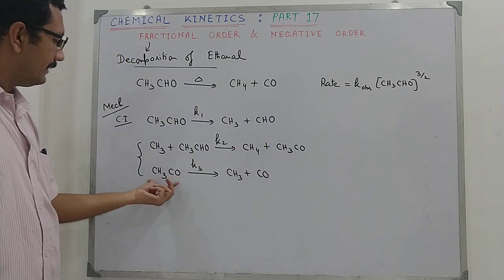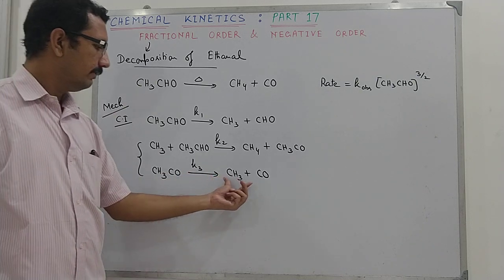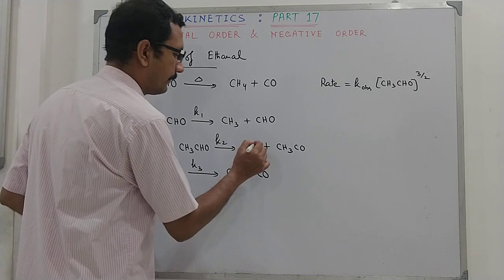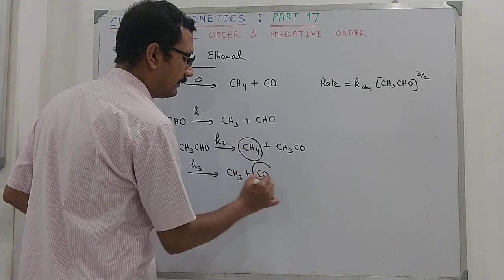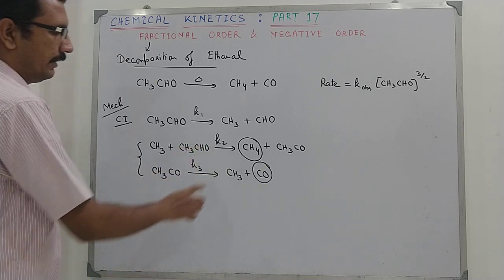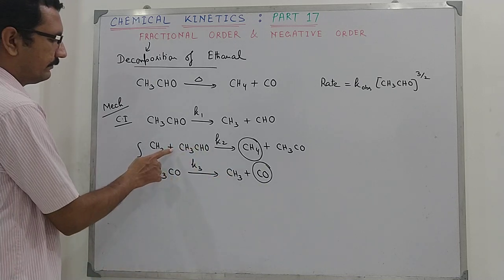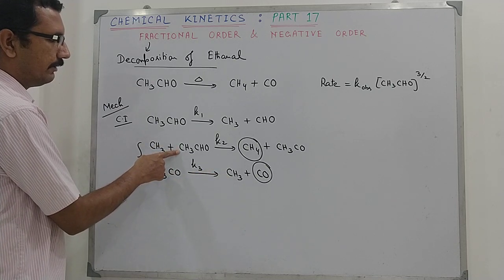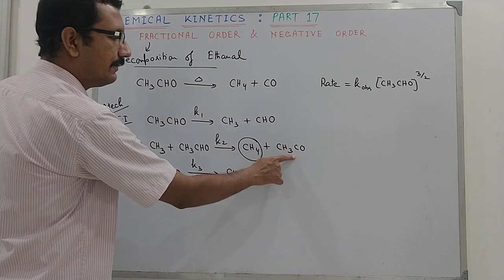Now this CH3CO is undergoing dissociation to give you CH3 and CO. So we have the two products in this step, CH4 and CO. Now what this CH3 will do? This will enter into this reaction again. It will react with another acetaldehyde molecule and will give CH4 and CH3CO.